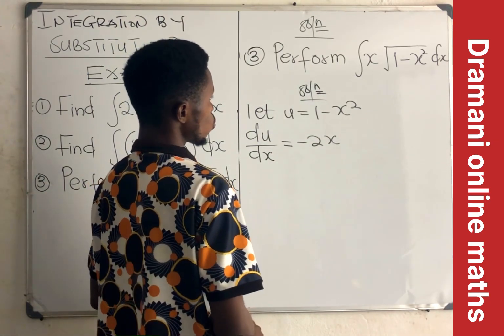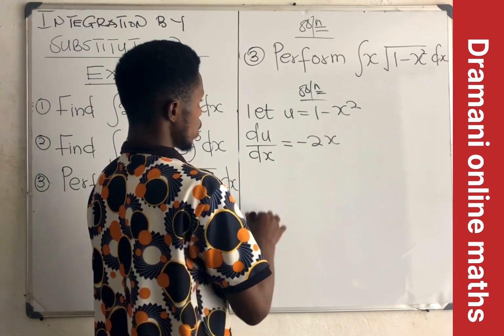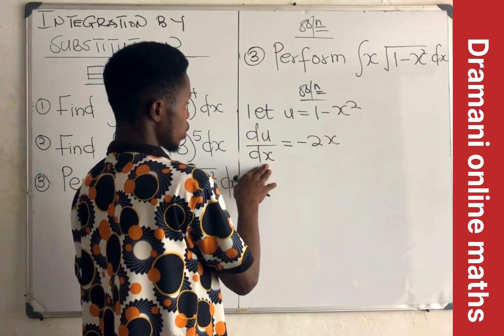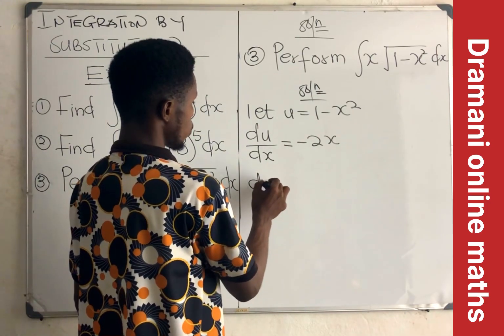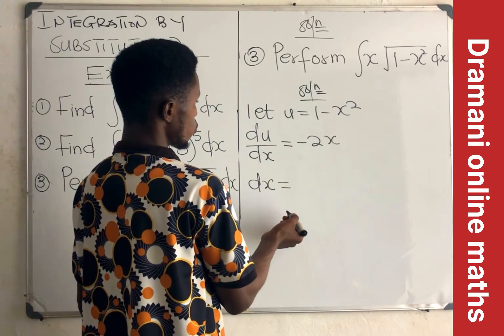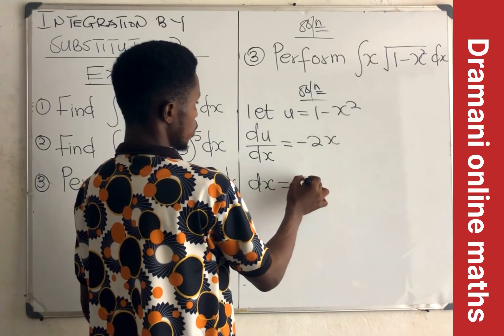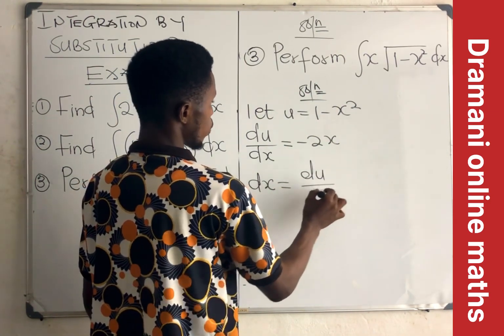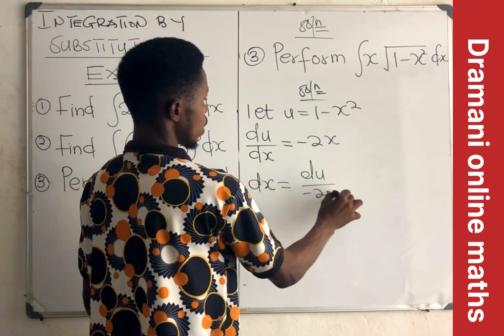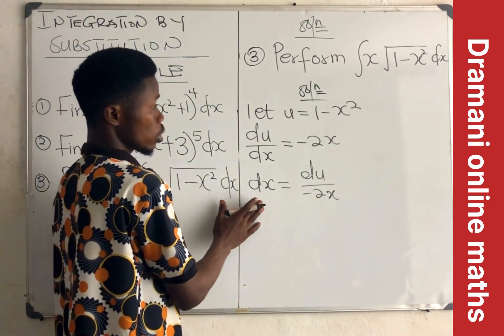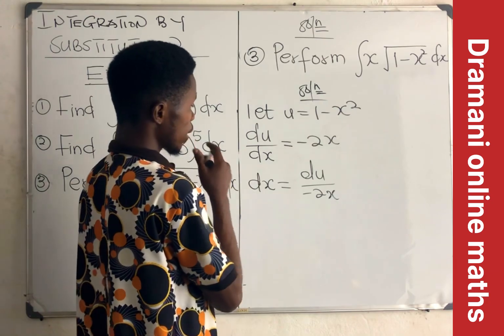From this, you make dx the subject, so dx will be equal to du over negative 2x. You can also try your hands on that.